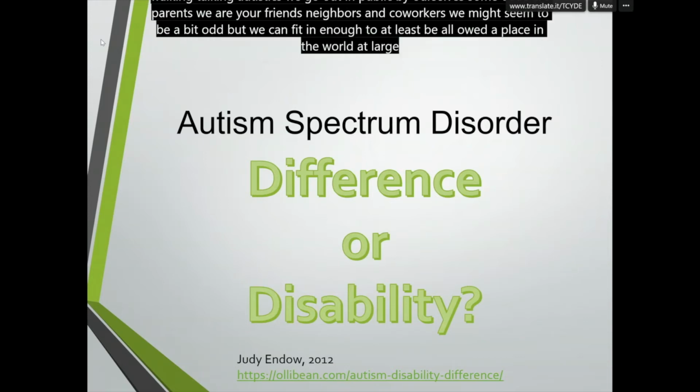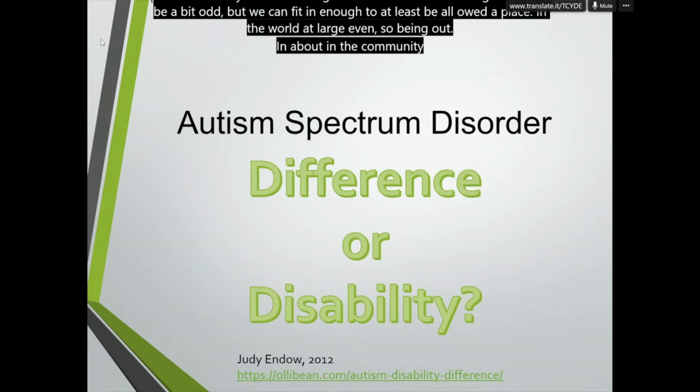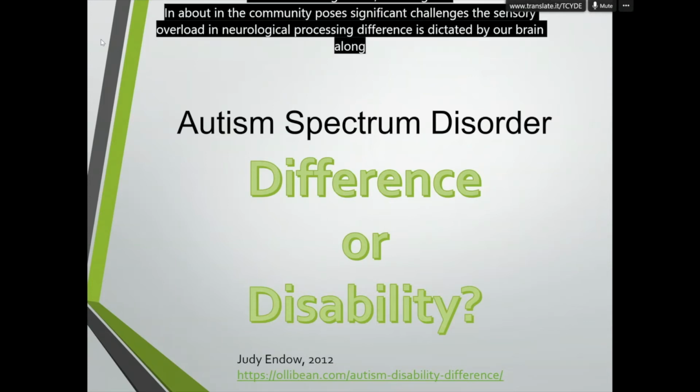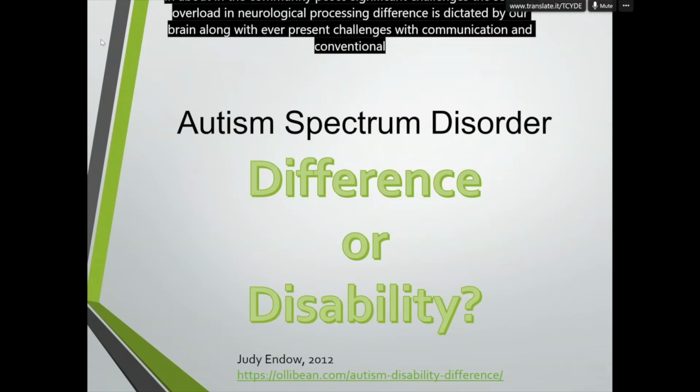Even so, being out and about in the community poses significant challenges. The sensory overload and neurological processing differences dictated by our brain, along with ever-present challenges with communication and conventional social understanding, are such significant differences.